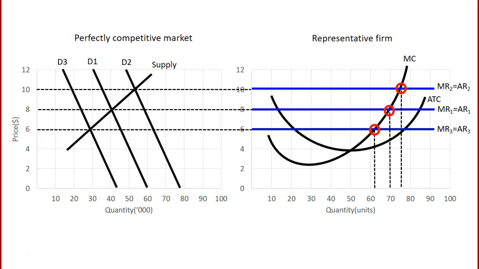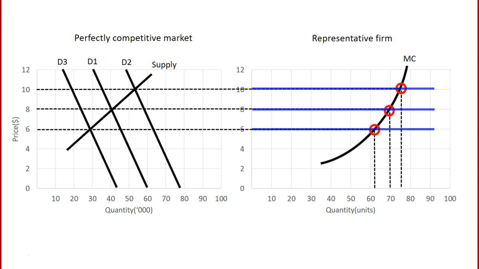All right, so let's get rid of some of this spaghetti. What do we see is the function of the marginal cost curve of the individual firm here. Well, it's telling us the quantities that the firm, a rational profit maximizing firm, will supply at the various equilibrium market prices.